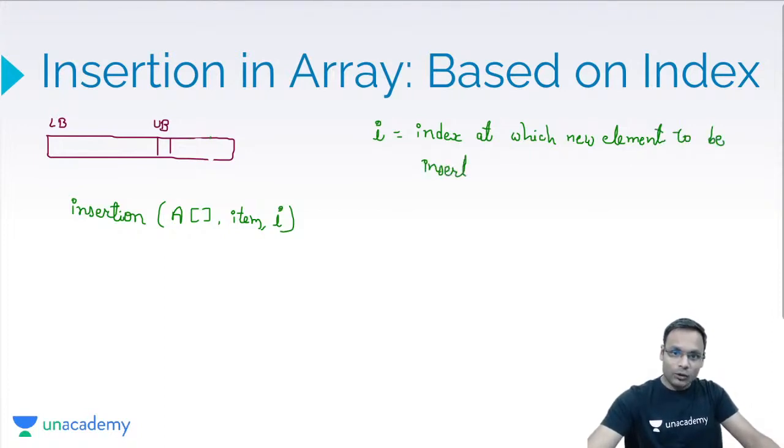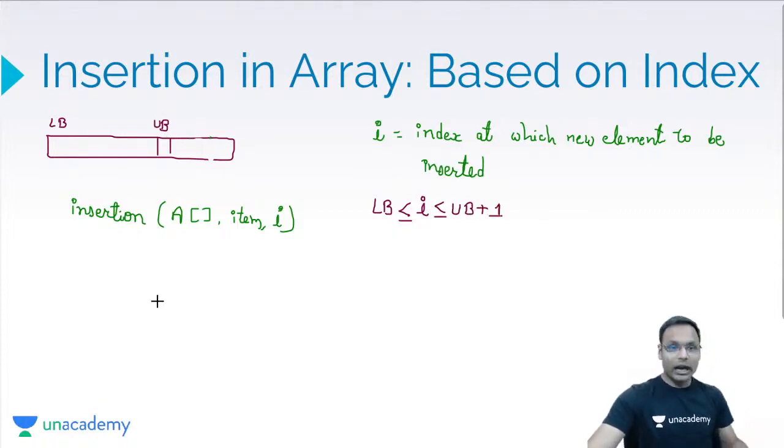Now you will have to tell me what this index can be. This index value can be between lower bound, yes I can insert here, next, upper bound, and yes, up to upper bound plus 1. Between these values, any value you can give, and there I will be inserting the new element, no problem.